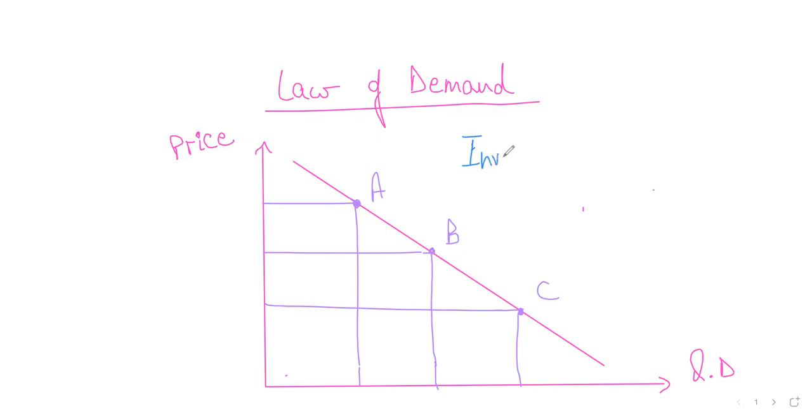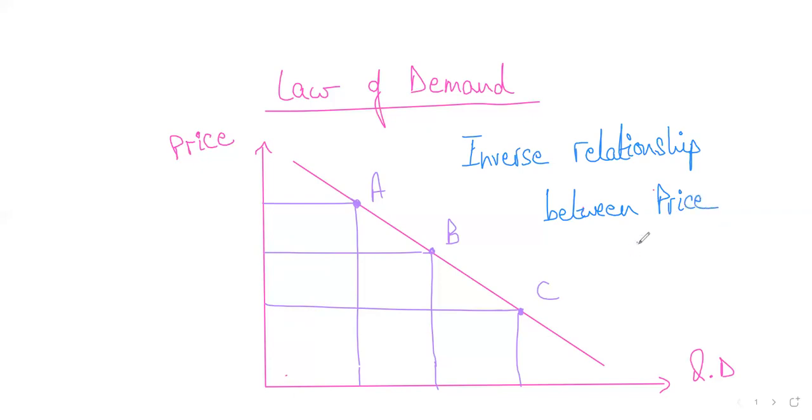Yes or no? Did I tell you that this is something that is always true? The inverse relationship between price and demand is something that always holds true. Any confusion so far, students?